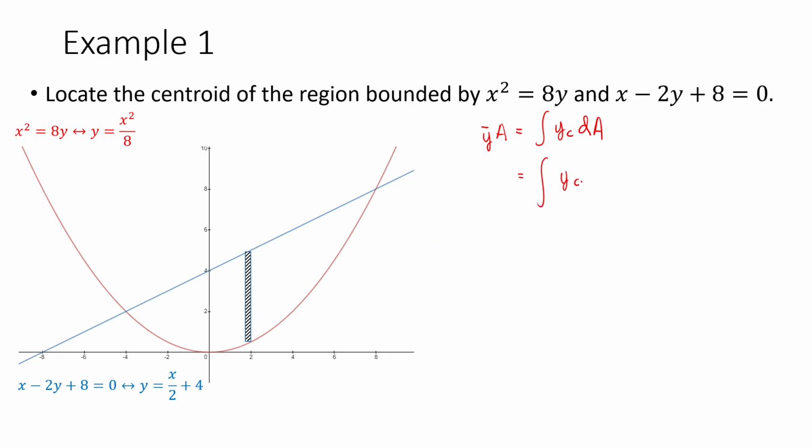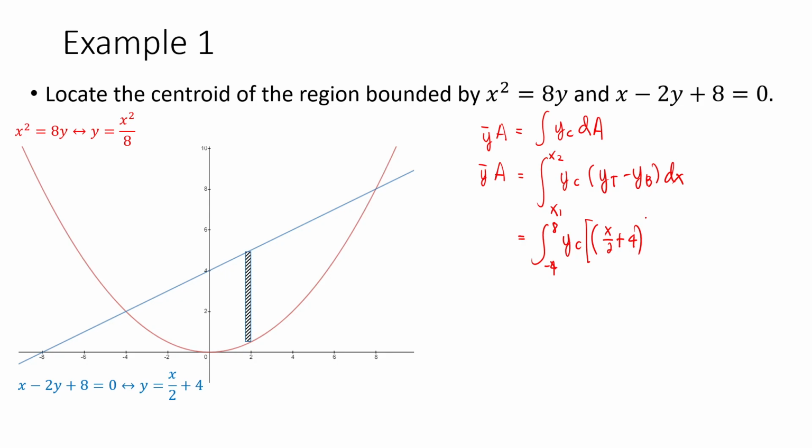So y sub c times y top minus y bottom dx from x1 to x2. Okay, then bar y, then area. So if we're going to apply your solution, this will be from -4 going to 8, and then y sub c times x over 2 plus 4.